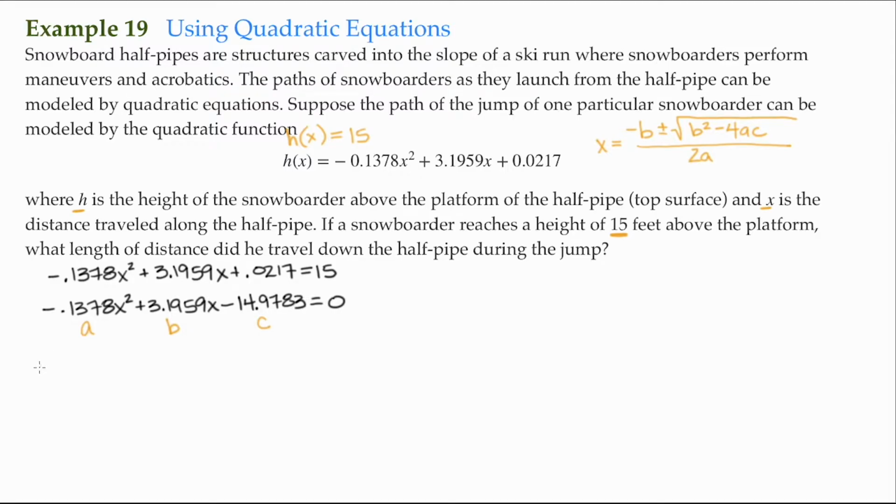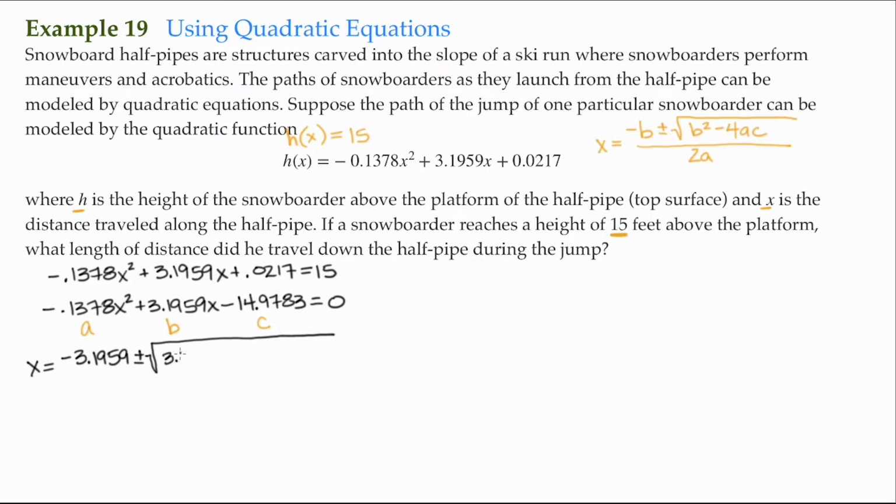So now using the formula, we'll have x is equal to negative b. So that's going to be negative 3.1959 plus or minus the square root of b squared.